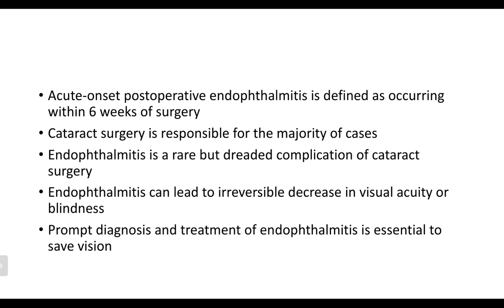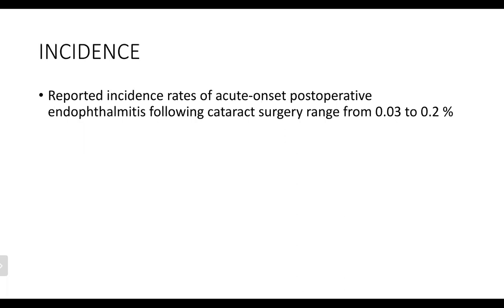Endophthalmitis is a rare complication of cataract surgery, but it's a dreaded complication because it's associated with a lot of morbidities, including decreased vision and even blindness. It requires prompt diagnosis and treatment to salvage vision and have good outcomes.